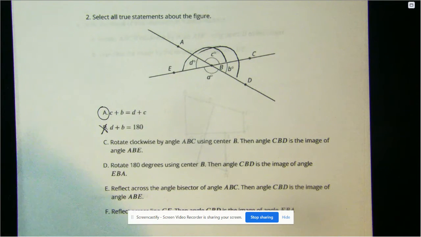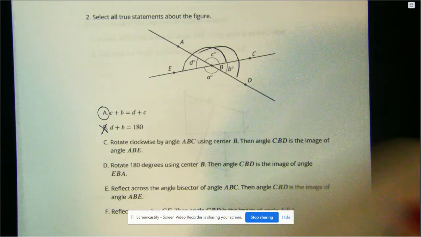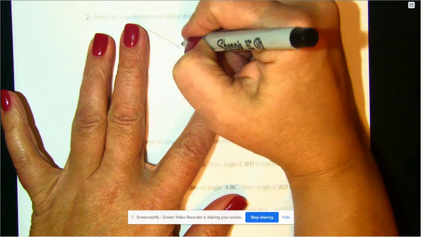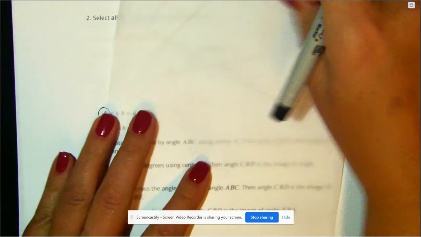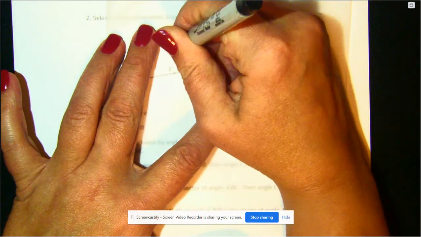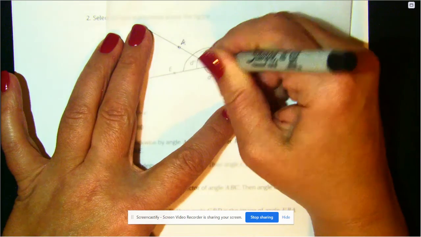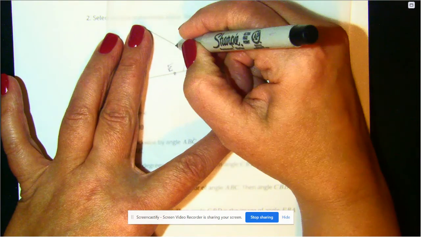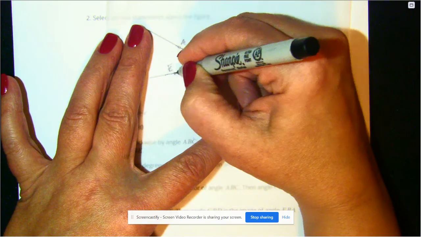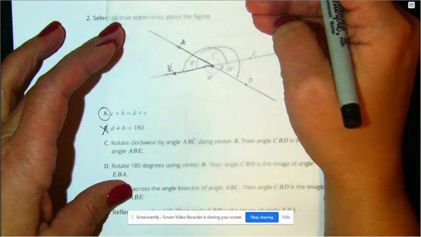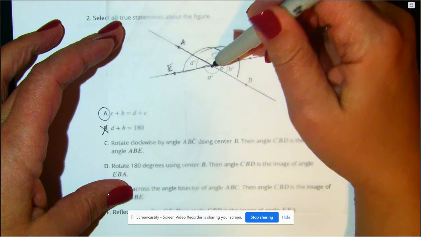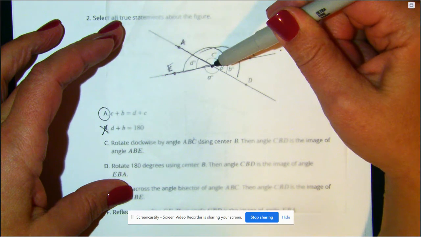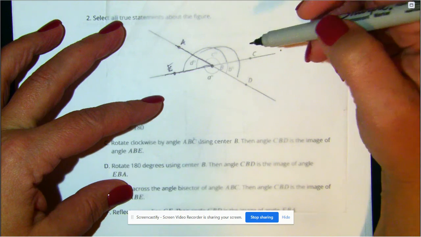Rotate clockwise by angle ABC using center B. Then angle CBD is the image of ABE. So let's trace. Miss Austin needs a better piece here. This side's better. A, B, E. So I'm going to rotate clockwise around B by angle ABC.